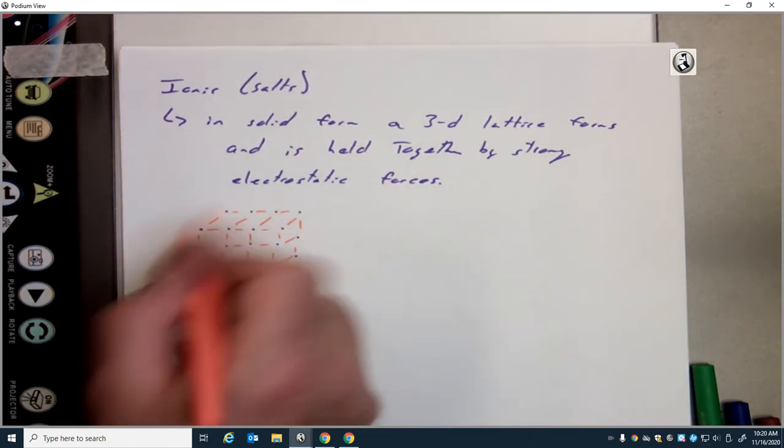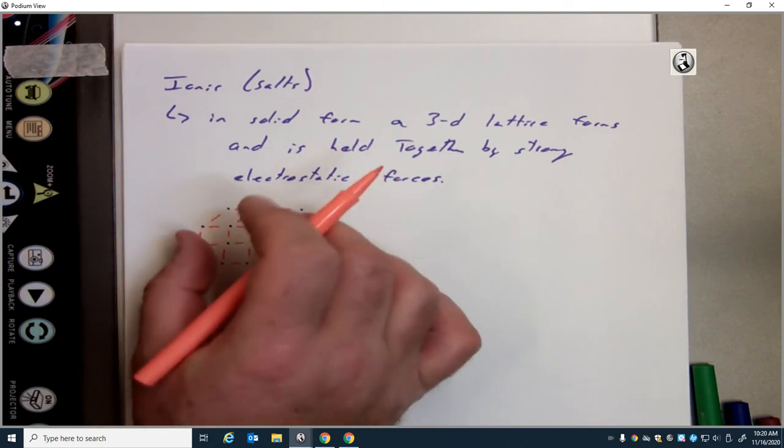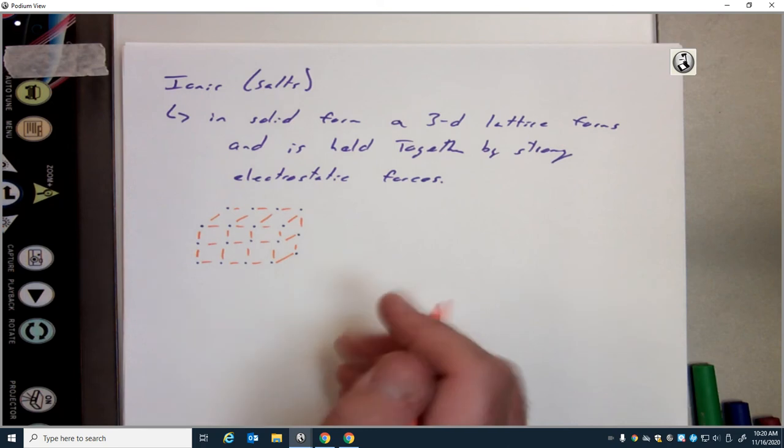So I'm trying to show you this lattice. There's all these ionic bonds in here holding this thing together.